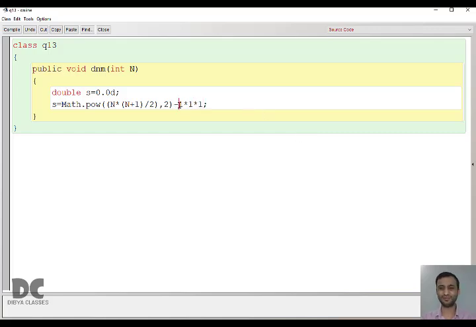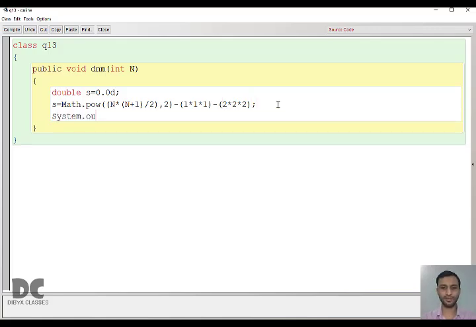You can also write direct 1 also, because 1 into 1 into 1 is 1 only, that is 1 cube is 1. And similarly we have 2 cube, that is 2 into 2 into 2, that is nothing but 8. And finally we will print the answer that is present in the variable s.